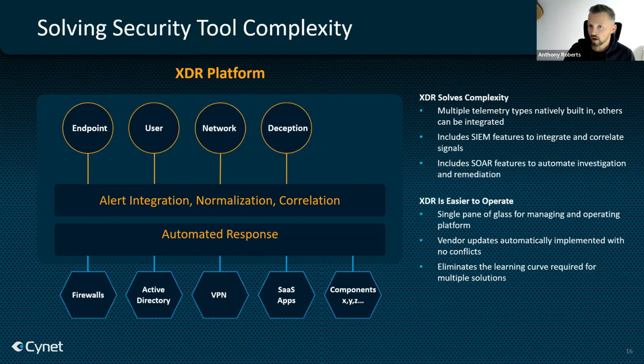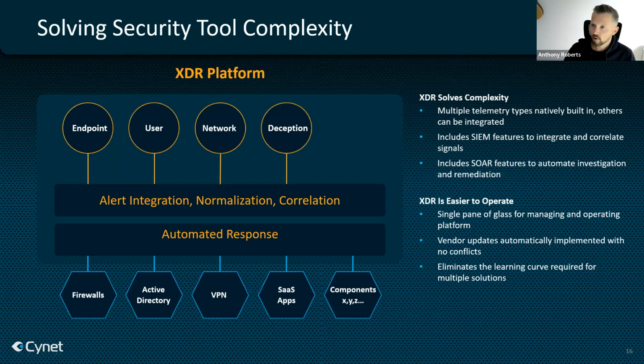As you see on the right-hand side here, the first thing we do is take multiple telemetry types, natively built in and integrated. So we're taking telemetry from the endpoint, around users, around network. We're using deception technology as well.